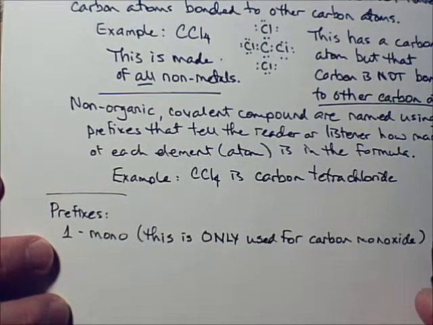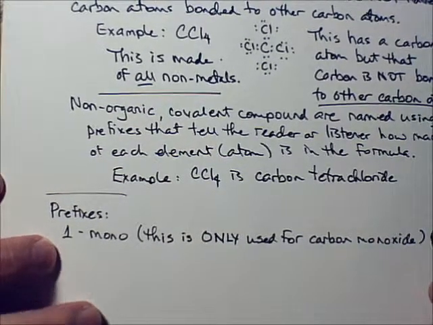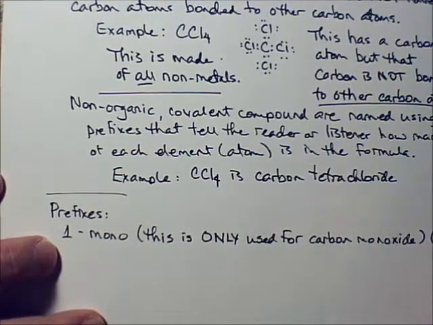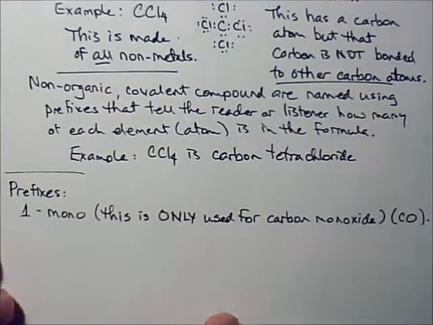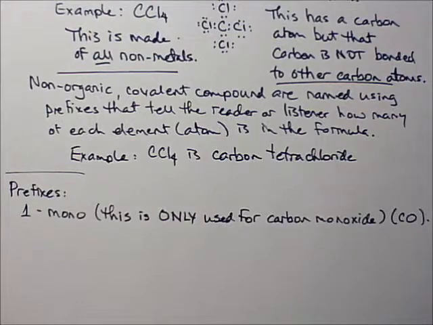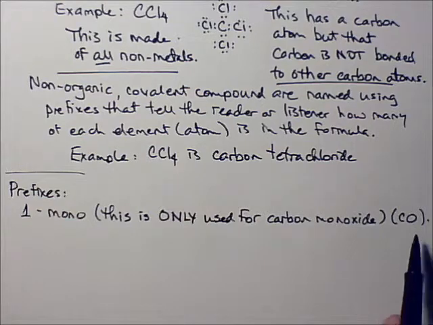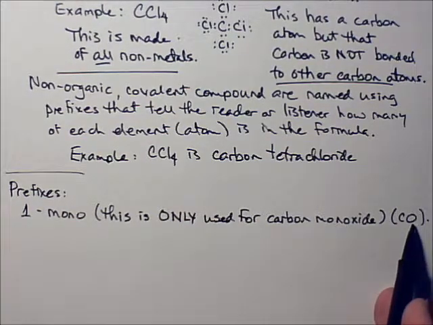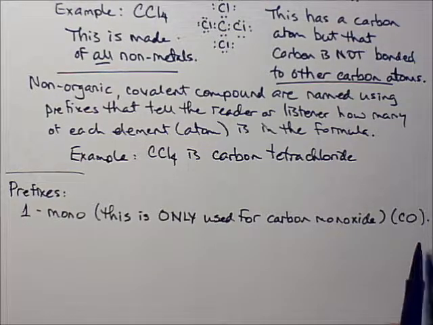Carbon monoxide is capital C, capital O. We've learned about carbon dioxide in the last unit. We use that for figuring out the shape of bonds and molecules. Carbon monoxide has only one oxygen in the formula, where carbon dioxide has 2.